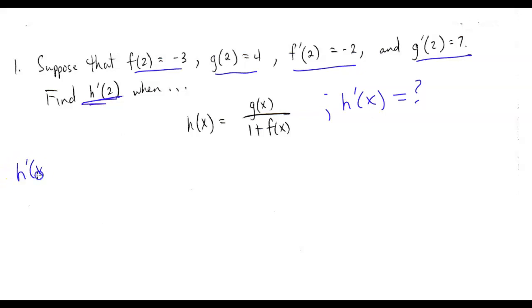So to find the derivative of this function, we will take the low function, which is 1 plus f of x, times the derivative of the high function, and the derivative of the high function would just be g prime of x. And so here minus, so low times the derivative of high minus high, which is g of x, times the derivative of the low function here.